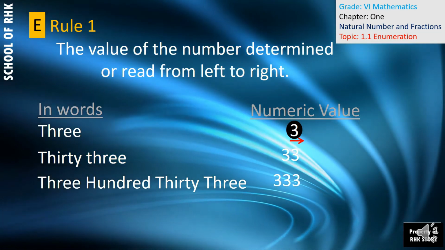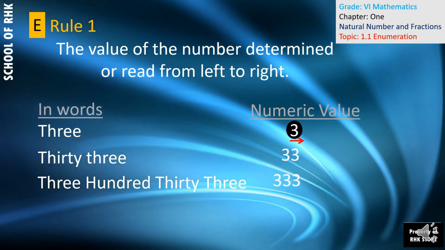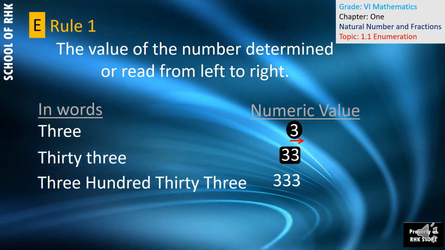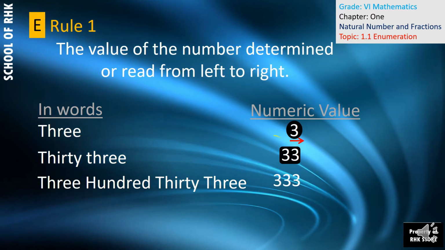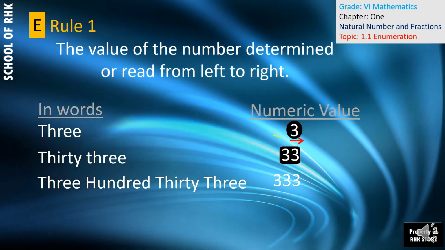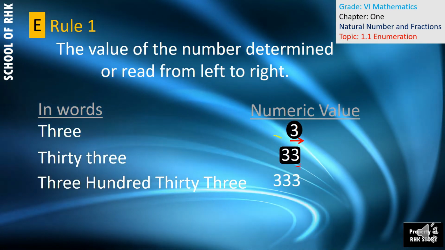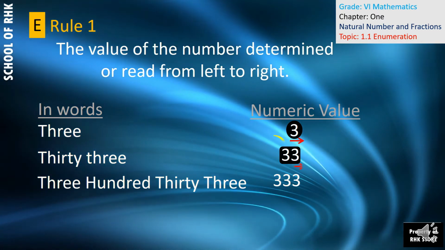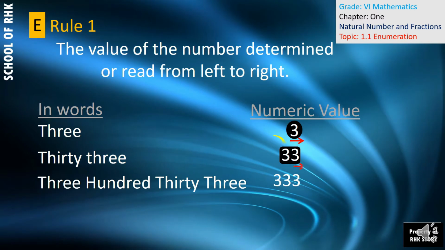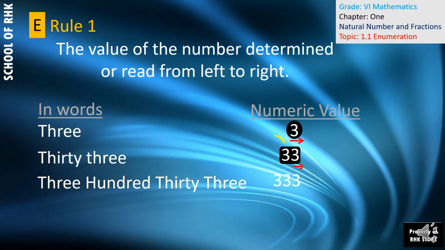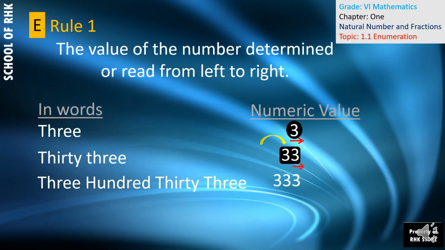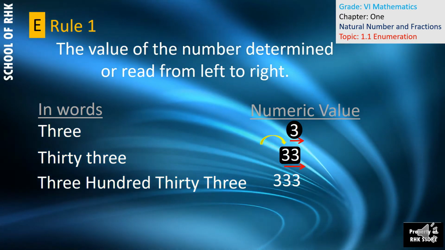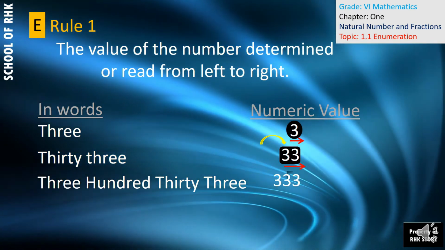If we read the next number 33, then we will read the 3 on the left side first and then the 3 on the right side. So to enumerate the number, we'll start calculation from the first 3 on the left hand side, but not from the 3 on the right hand side. The next number is 333.